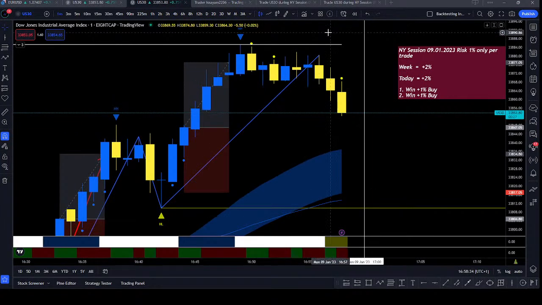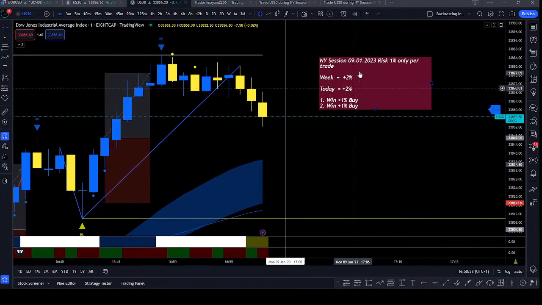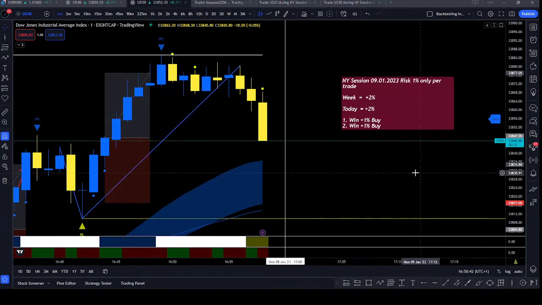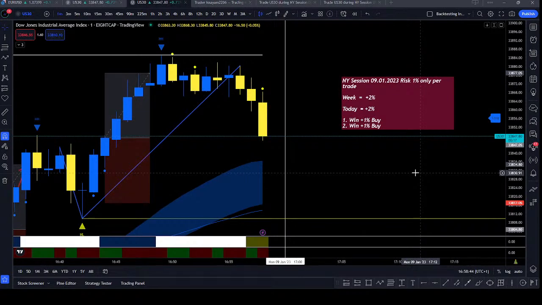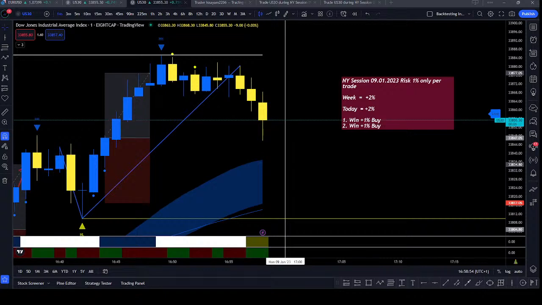That is going to be my first leg, second leg, and the third leg. But we are done for the day. Got plus 2%. Pretty nice. I'll just document that.